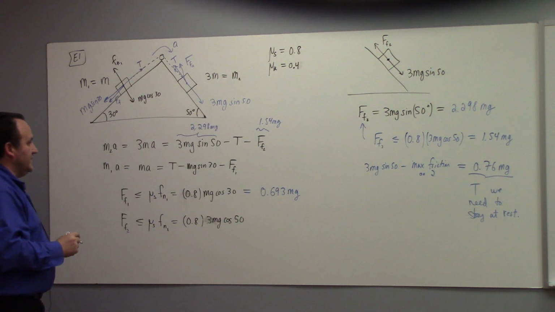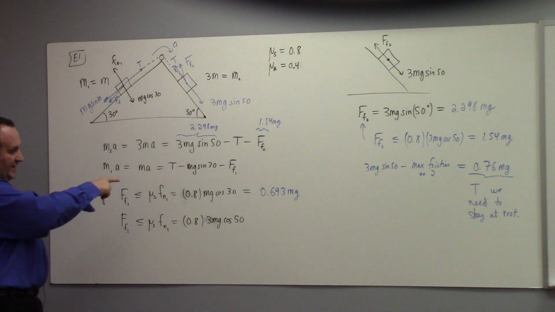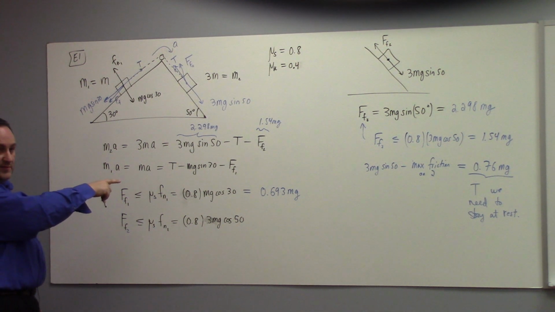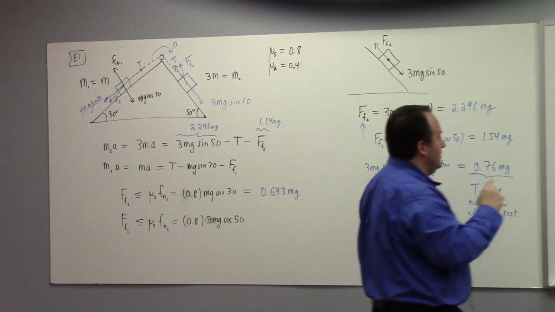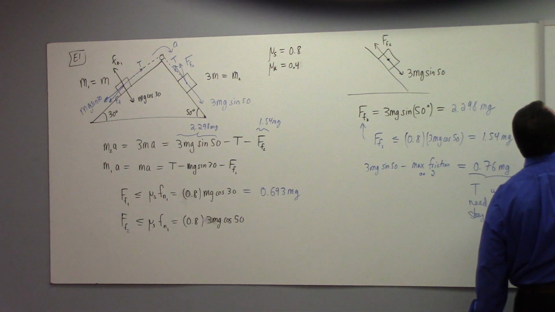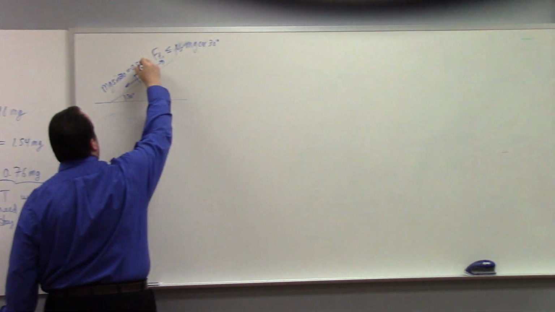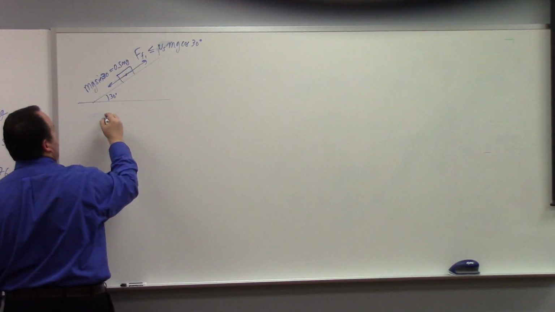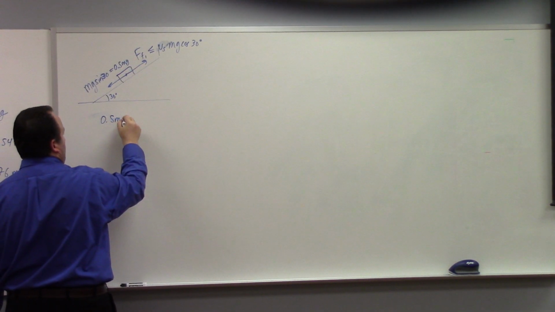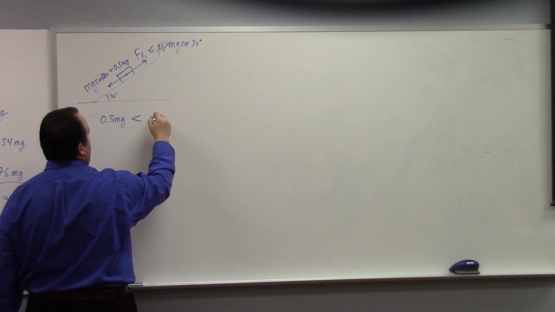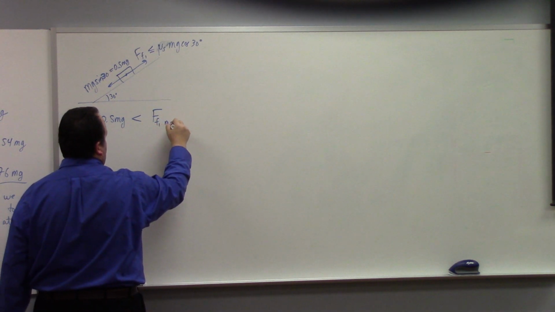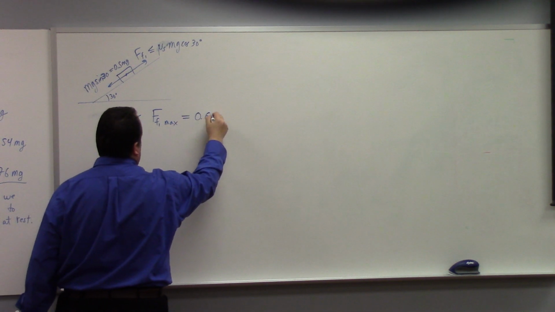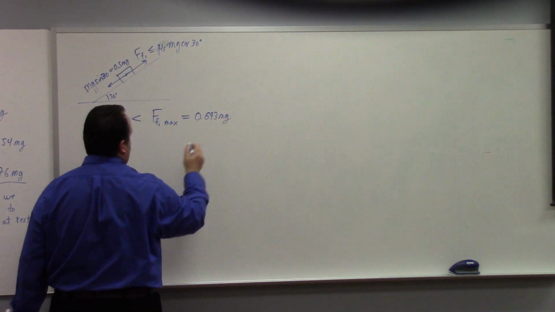Now, so that's how much friction force is available to M1 given the interface. And what's mg sine 30 equal to? That's 0.5 mg, right? So since 0.5 mg is less than F friction 1 max, which is, by the way, 0.693, what would that mean?